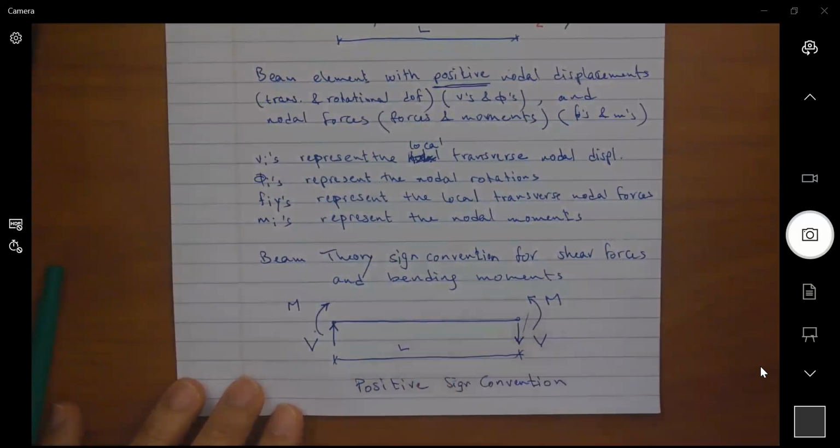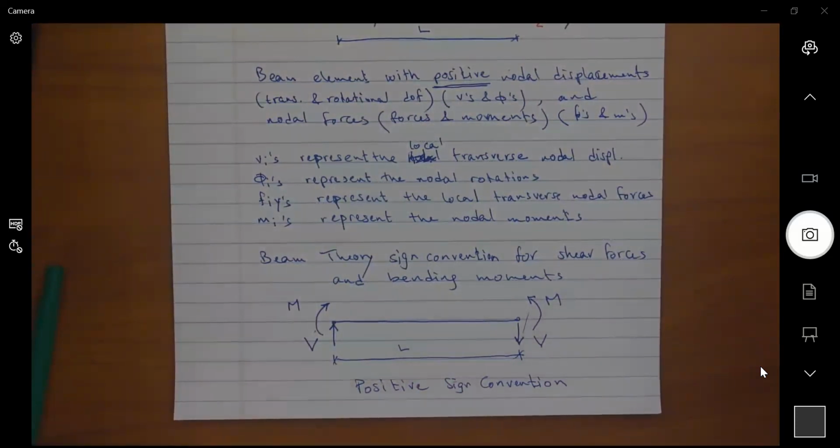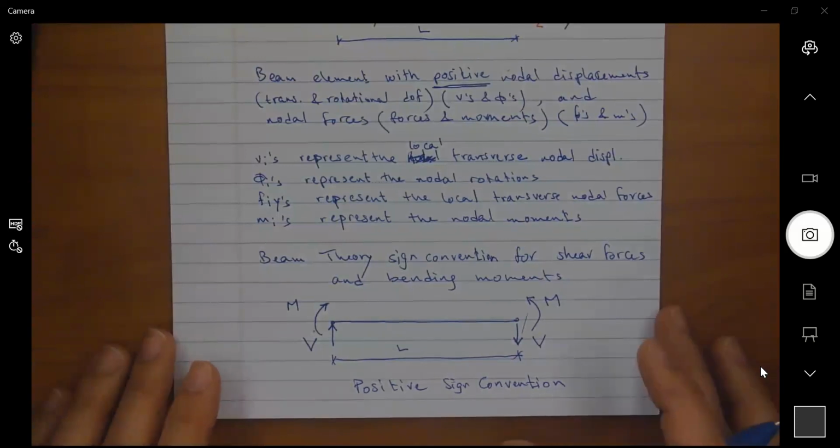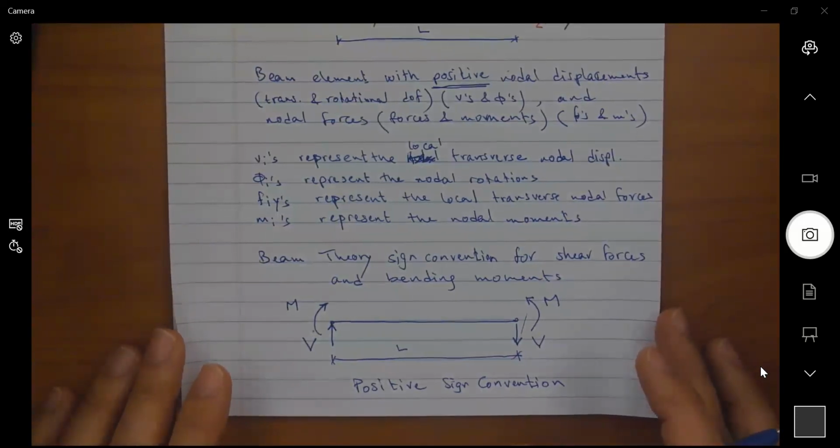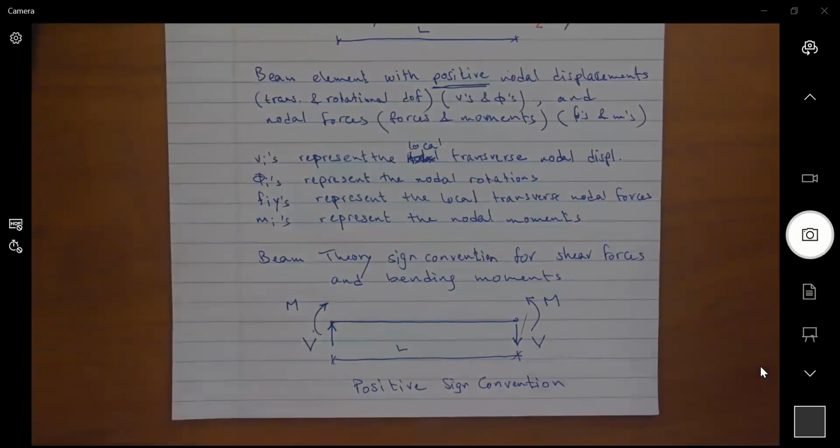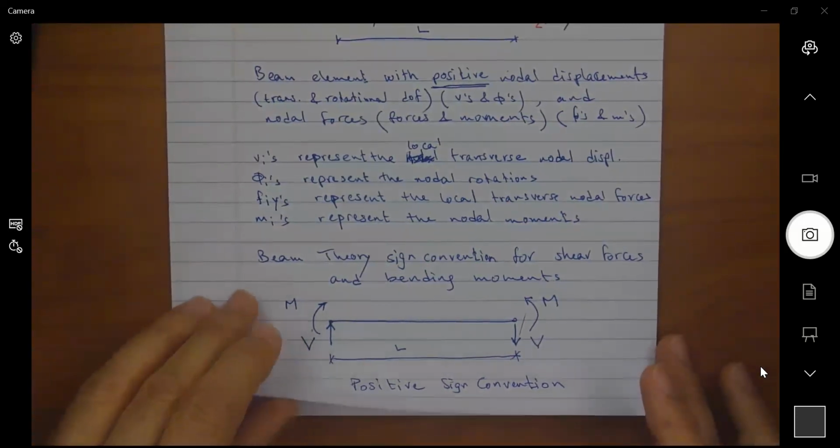And you may recall when we worked on bar elements, it was also important to compare how the tension relates to local forces on both ends. Because the local forces were always positive going in the x direction for the element. But of course, tension was pulling in opposite directions at the two ends.